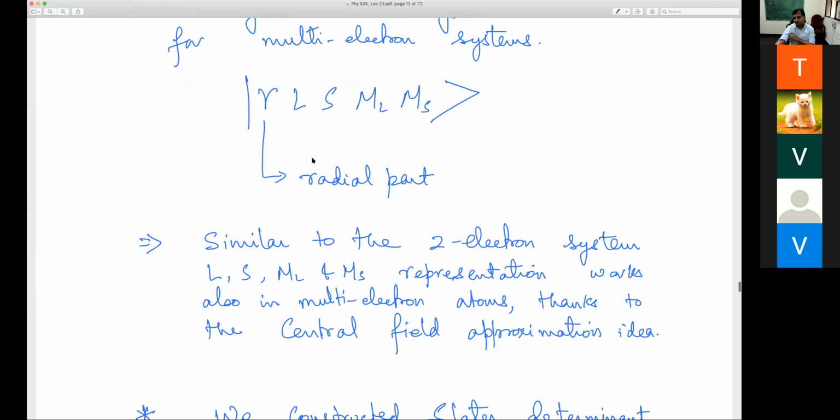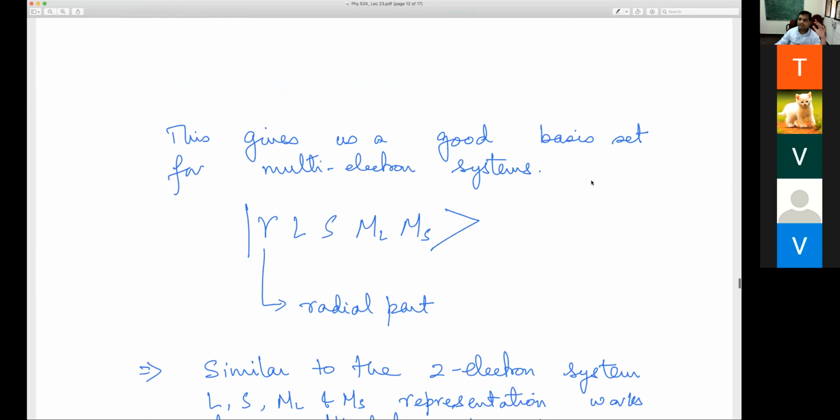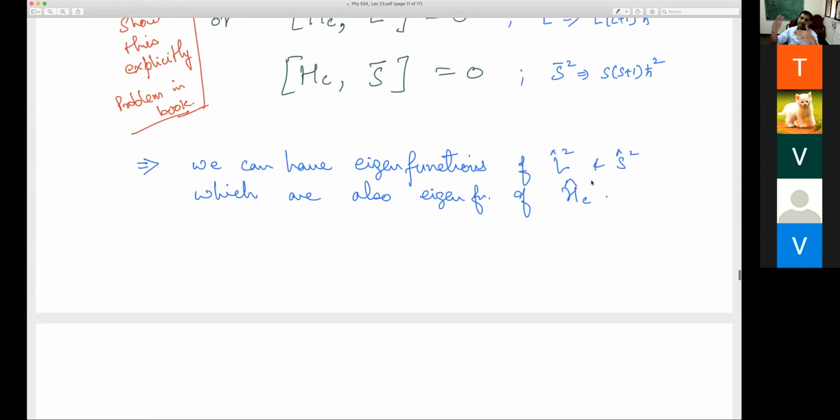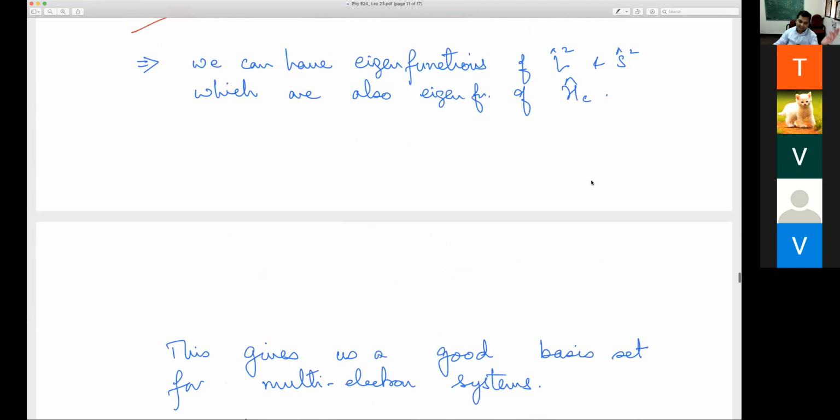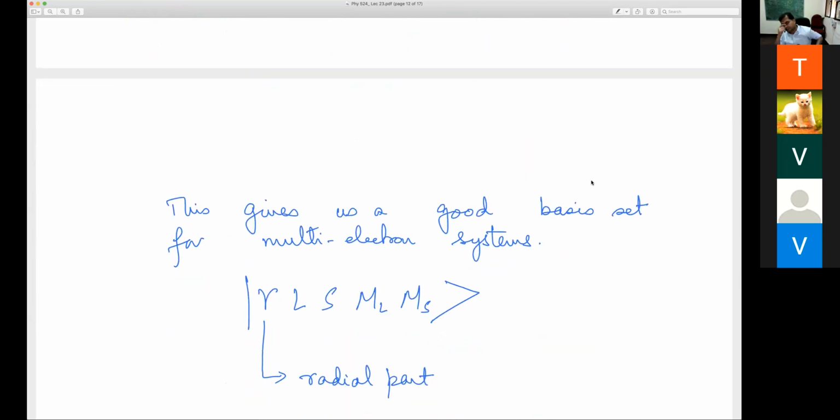And this should look very nice because this is just like the two electron system where L, S, M_L, and M_S were good quantum numbers. I can work with a multi-electron system also with the same kind of representation, thanks to this central field approximation idea. Okay. So this is a very, very important concept. If you just read about this in this flow, or if I tell you, then this looks straightforward.